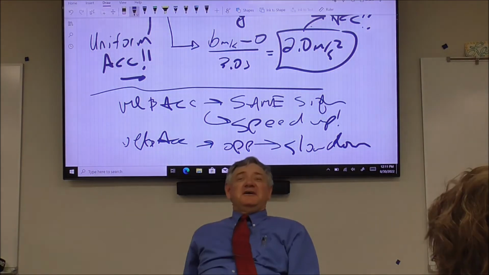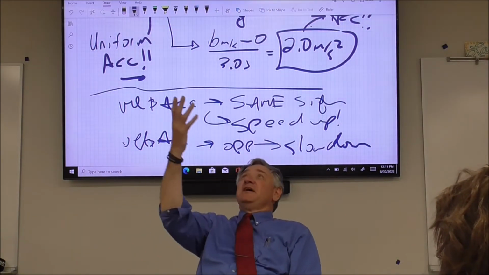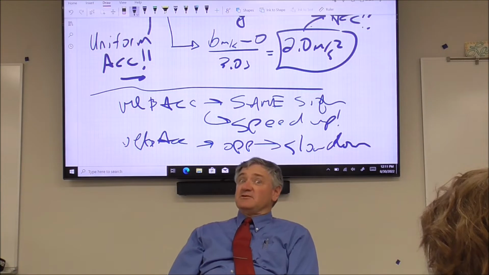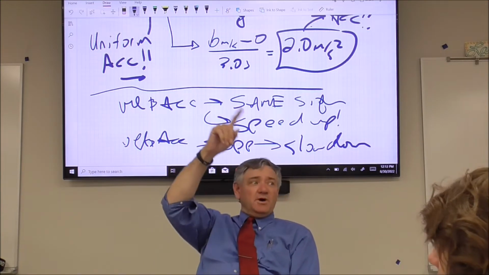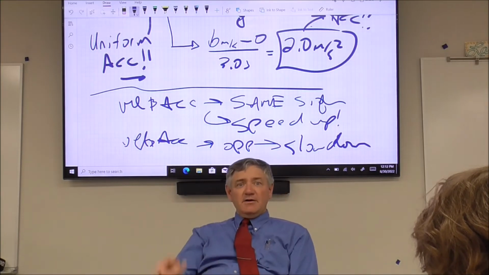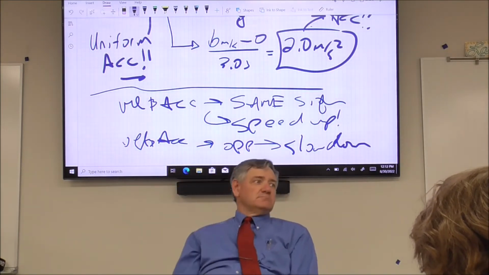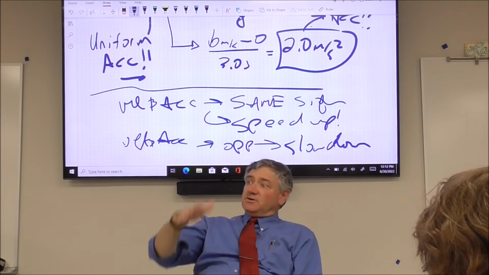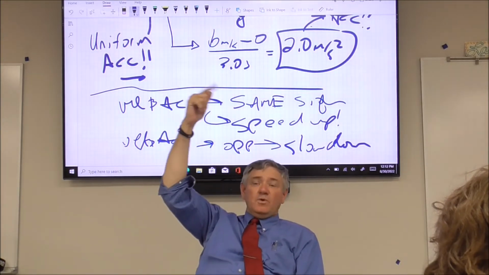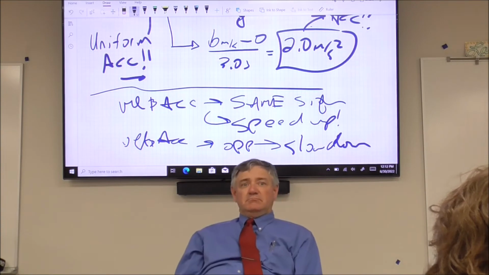Okay, it's like, wow. That's weird. As soon as it leaves my hand, it starts to slow down. So what do you know about velocity and acceleration on the way up? They have opposite signs. There's no exception. So if you're defining up as being positive in terms of velocity, what's the sign of your acceleration?